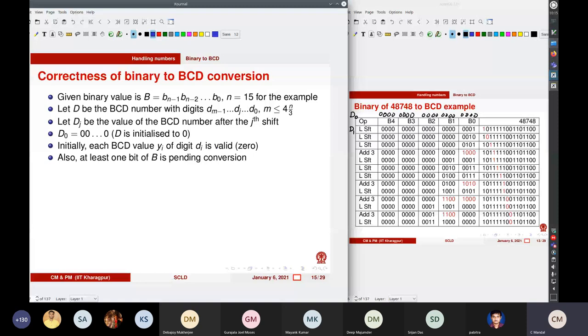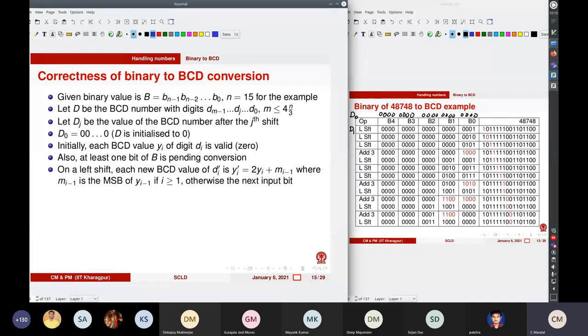Now we assume that at least one bit is pending conversion initially. On a left shift, each new BCD value is updated.